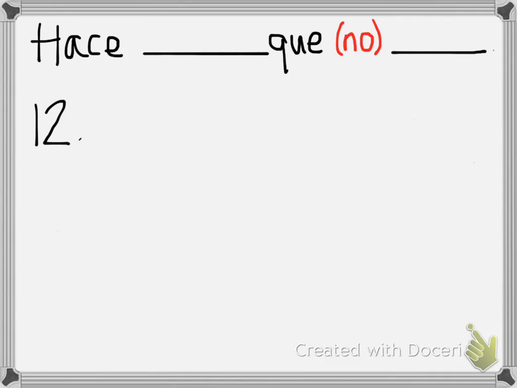Okay, let's take a look at número 12. ¿Cuánto tiempo hace que estudias en este colegio? Okay, so how long have you been studying in this school? Remember, colegio is a false cognate, okay? Colegio, school, like a high school. So remember, when we're answering it, hace, okay, we need our time period. So think to yourself, how long have you been studying at this school? I'm going to guess for my freshmen, maybe un mes, okay, 3 semanas. But a lot of you are probably going to put 1 or 2 years.